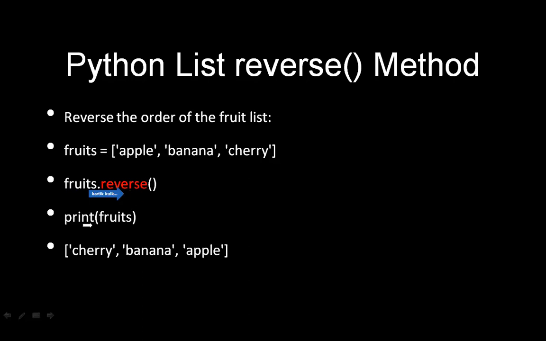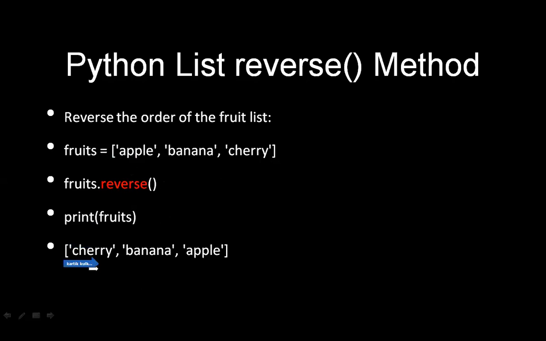Then when I print the value of fruits, you can notice the difference between the input given to the fruits list and the output you are getting. When you see the difference between the input and the output, apple was first, but now cherry is first.